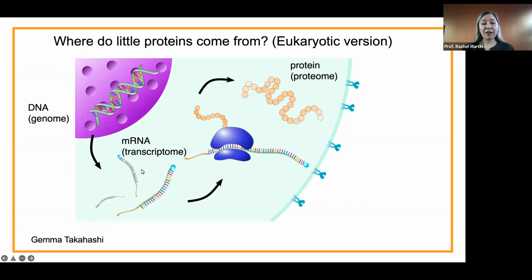Then the mRNAs come out of the nucleus into the cytosol, and mRNAs have some special features that allow the ribosomes to recognize them. There's a 5' cap, and then there's also a poly A tail that tells the cell that this is a transcript. Most human genes, or most eukaryotic genes, are monocistronic, which means you have one gene and that makes a single transcript, maybe with some splice variants, and then that makes a single protein.